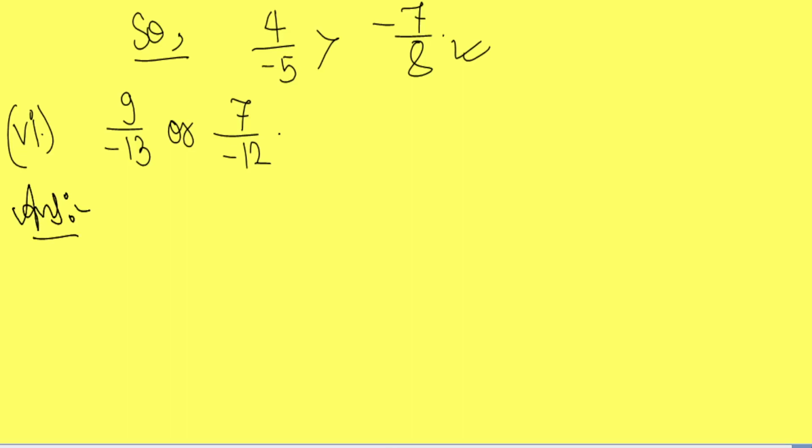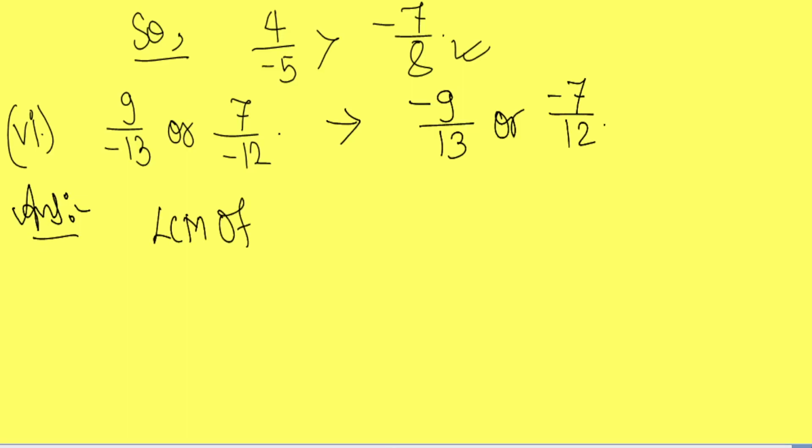Both the rational numbers given in this question have negative denominators. So we multiply -1 in the numerator and denominator of both rational numbers. So what will we get? -9/13 and -7/12.